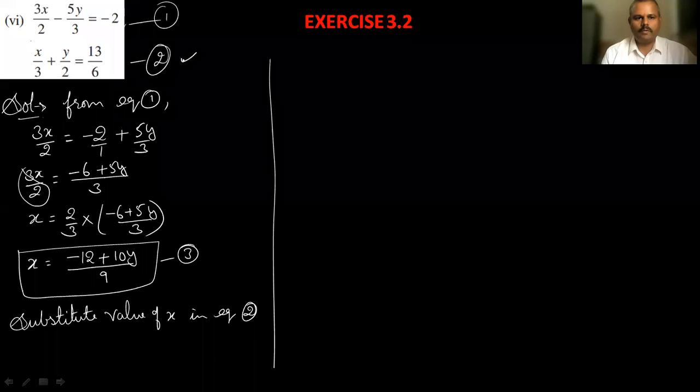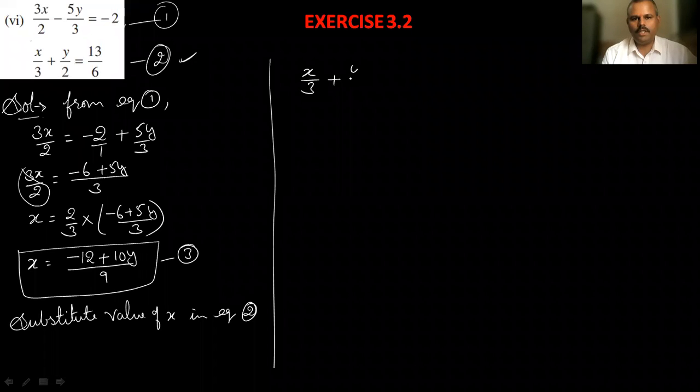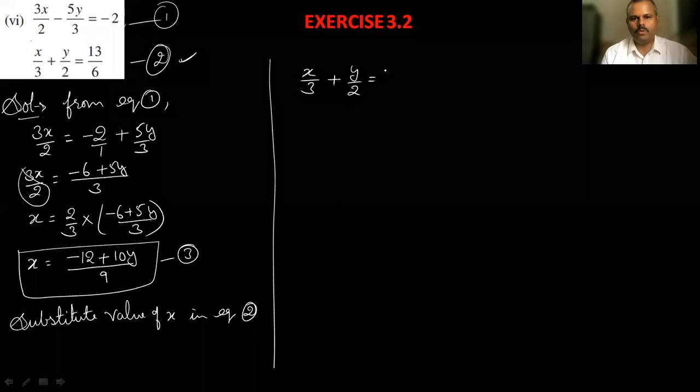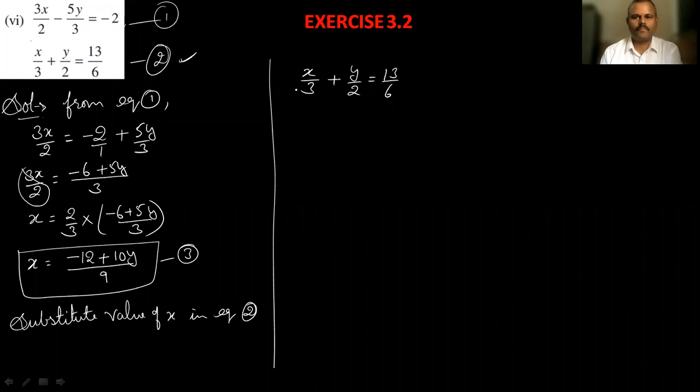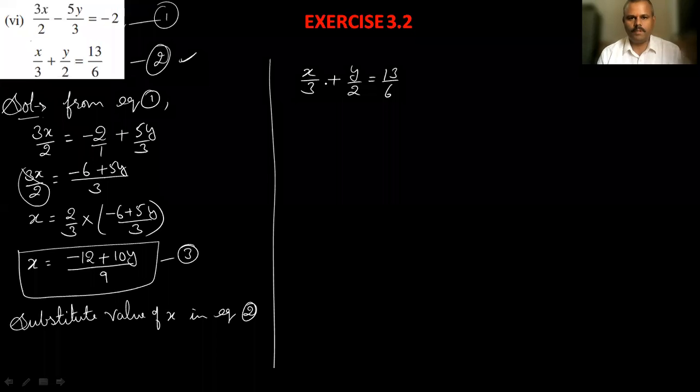When you substitute in equation 2, your equation 2 is x upon 3 plus y upon 2 equals 13 upon 6. Now, how will you substitute this value here? How will you do it? Tell me, anyone?